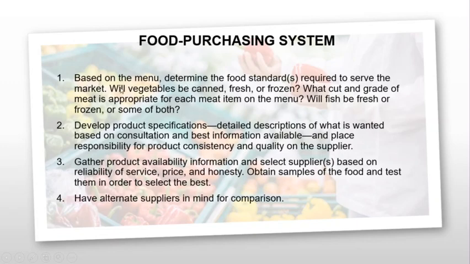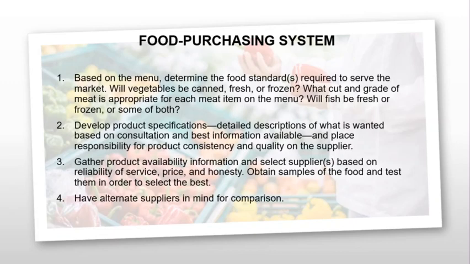Okay, contoh kat sini dia bagi, will vegetable be canned, fresh or frozen? Maksudnya, kalau you buka restoran, you nak vegetable you tu dalam can ke, you nak jual dia secara fresh ataupun you nak jual sayur yang frozen. Lepas tu kadang tu dia kena tahu juga, you nak jenis dia what cut and grade.